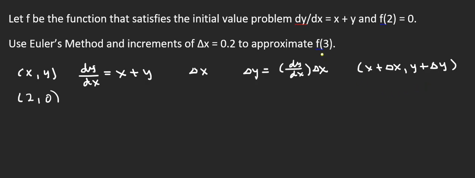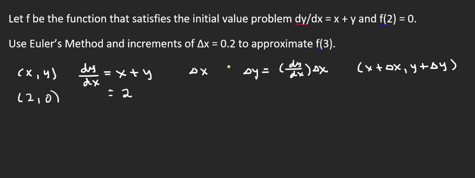But remember, our goal is to find the value of f when x equals 3. Notice, we're starting when x equals 2, and our delta x is 0.2. So dy over dx is x plus y, where our first x and y values are 2 and 0. So that's going to be 2 plus 0.